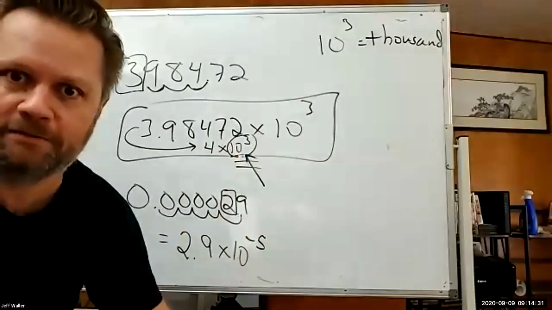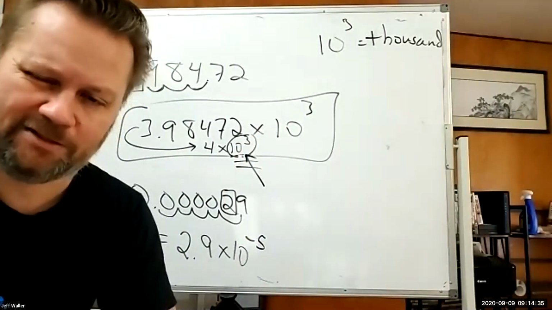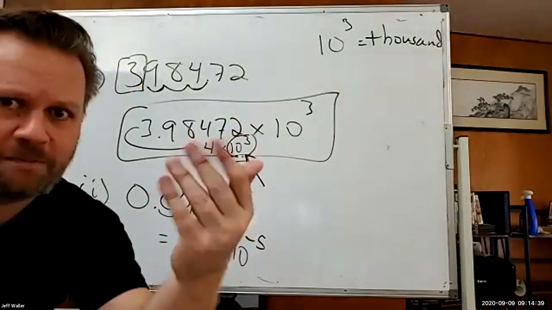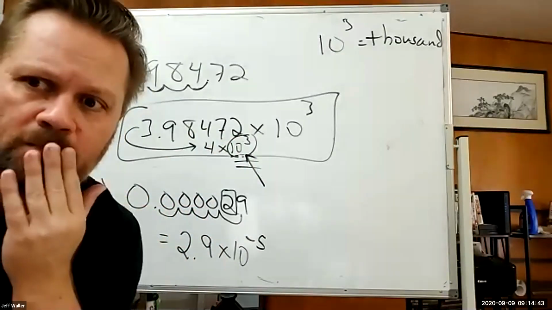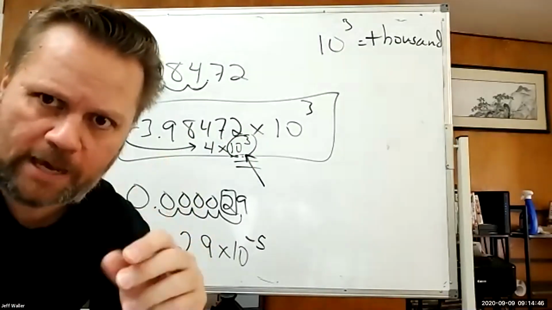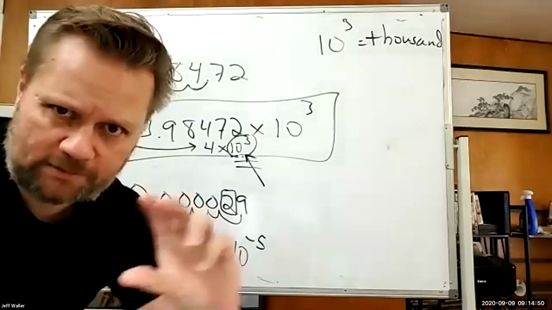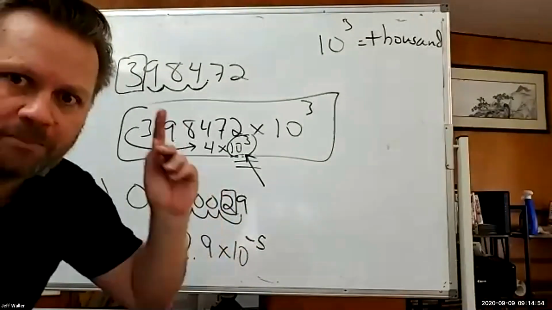I think that's perfectly fine. Why am I okay with a less technical sounding thing? Because what does a negative power mean? Who remembers? Divide. Yes, it means flip it, right? So am I really multiplying by 5 tens? No, I'm dividing.